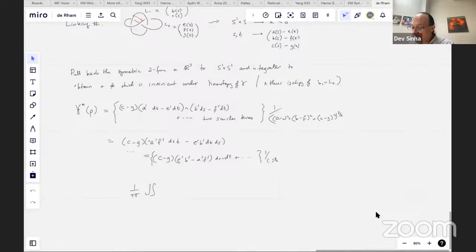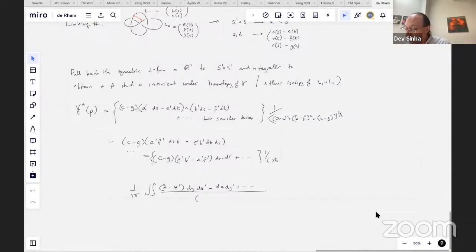The C minus G is just your coordinate z minus z prime. This is due to Gauss. Your E prime B prime becomes a dy dz prime, minus dz dy prime, and then we don't have any ds or dt because he had a different way of doing this, and also a different way of writing this.